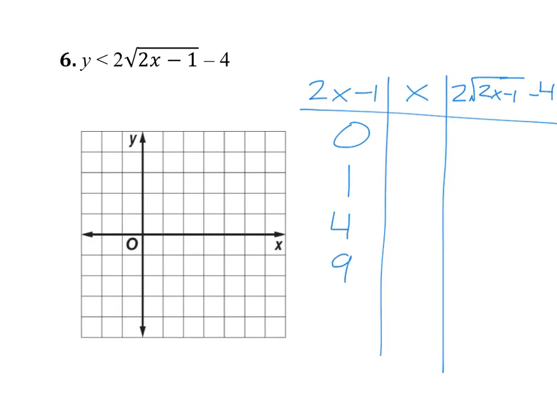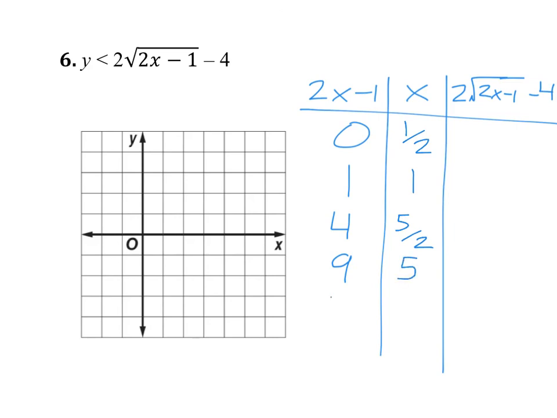How do I figure out what value of x makes 2x minus 1 equals 0? I basically add 1 and divide by 2. So add 1 and divide by 2. Add 1, you get 2. Divided by 2 brings it back to 1. Add 1, you get 5, and divide that by 2. Add 1, you get 10, and you divide that by 2.